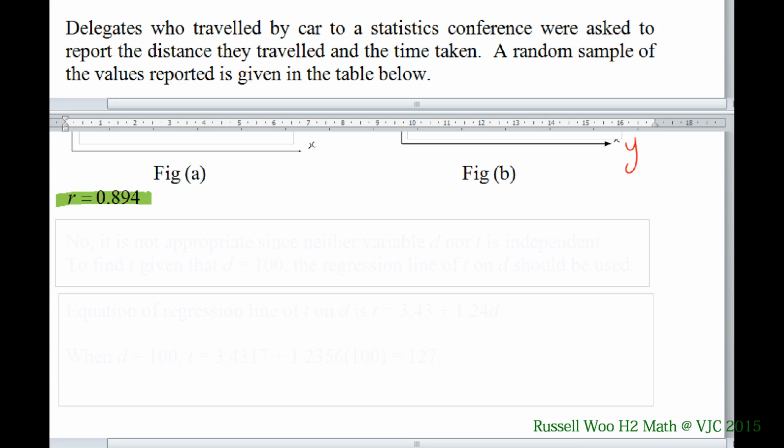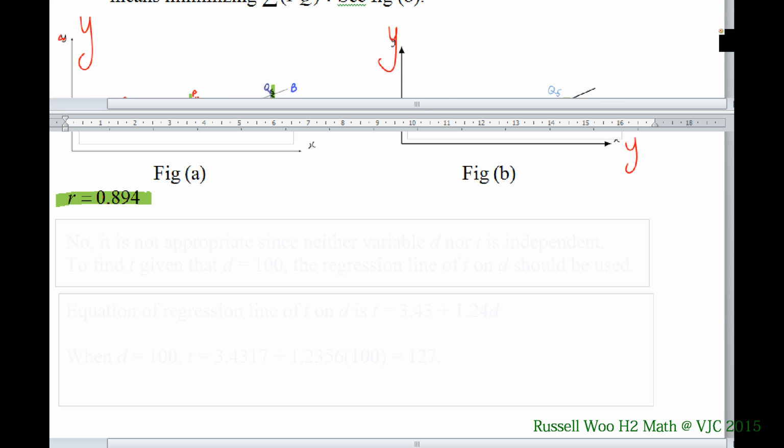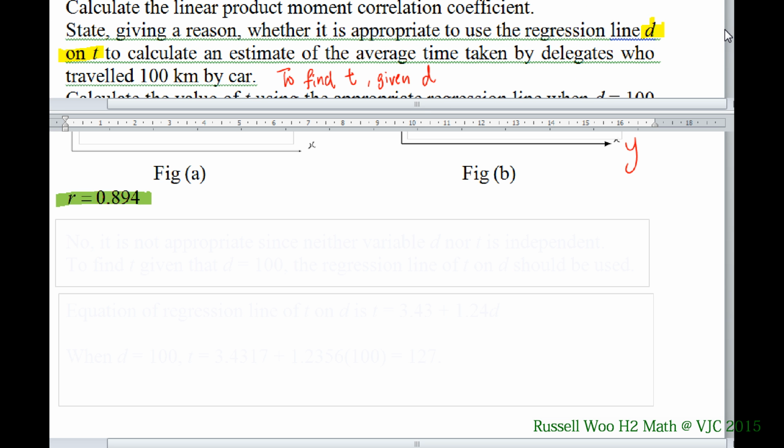There is no clear-cut independent or control variable. You have not controlled the D, you have not controlled the T when you collect the data. For one thing, one more time, the delegates were asked to report the time and the distance as a pair, an ordered pair of data. There is no control variable. So when there's no control variable, and you want to find T given D, what regression line should you use?